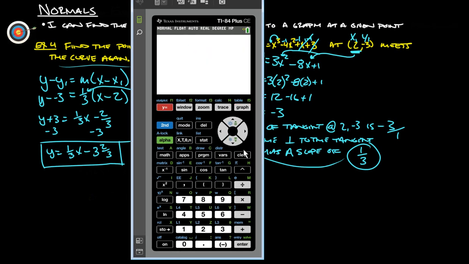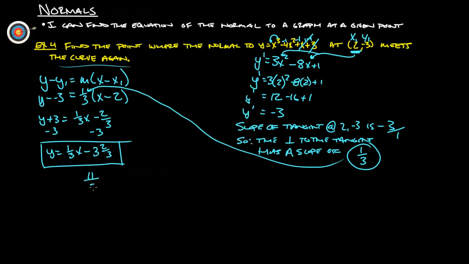So let's go back to y equals, and I'm going to enter those in. Okay, so here's the equation. The graphing calculator doesn't really like mixed numbers for 3 2/3, so what we could do is turn it into an improper fraction. 3 times 3 is 9 plus 2 is 11.